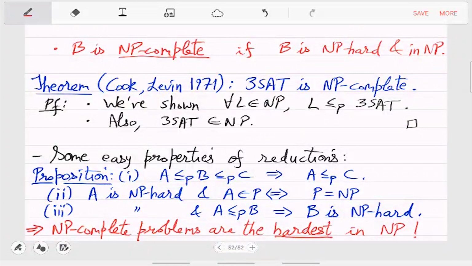So basically this third point is how we can read it: NP-complete problems are the hardest. Every problem reduces to them, and if they reduce to something, then again by proposition 1, your new problem also becomes NP-complete.